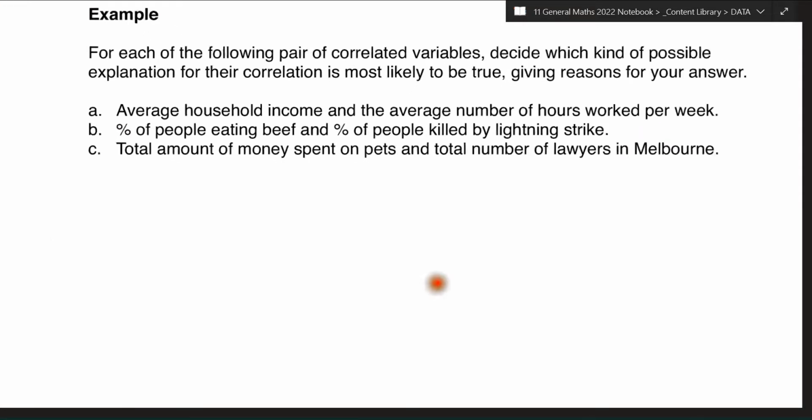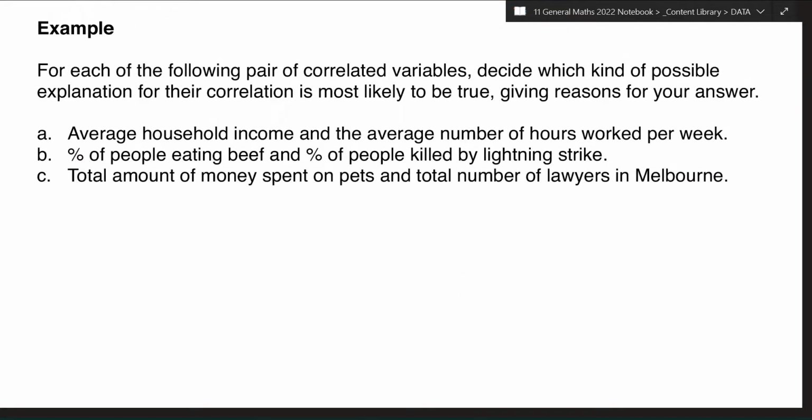So let's look at this example. For each of the following pairs of correlated variables, decide what the possible explanation for their correlation is, and which is the most true, giving reasons for your answer. For the giving reasons part, it mainly is up to you.